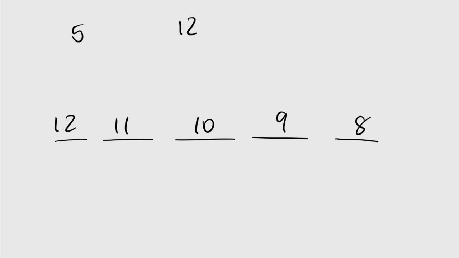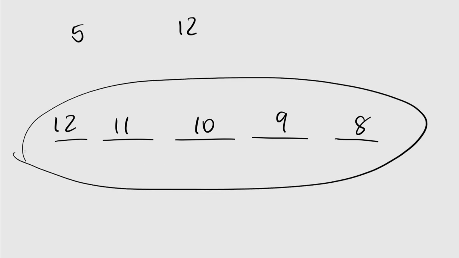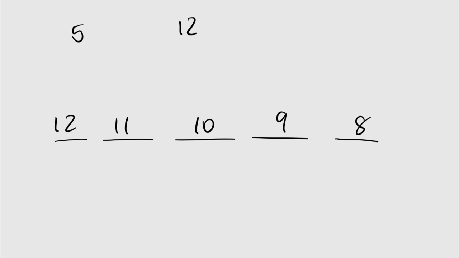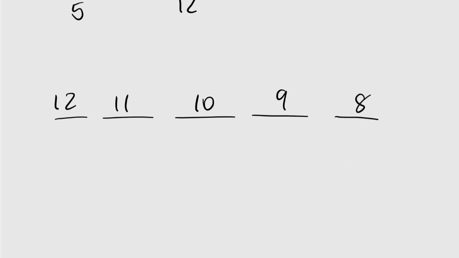And so you could say you have 12 options here, 11 options here, 10 options here, 9 options here, and 8 options here. But then you're going to have to divide, because you're trying to eliminate the possible different orders.